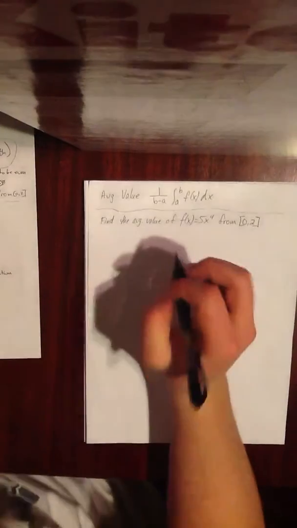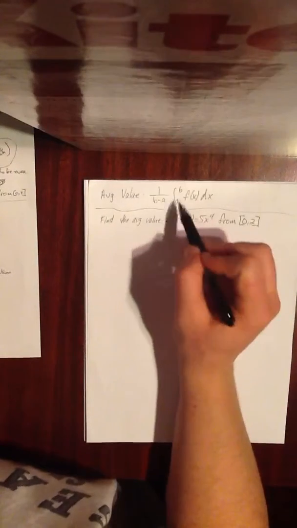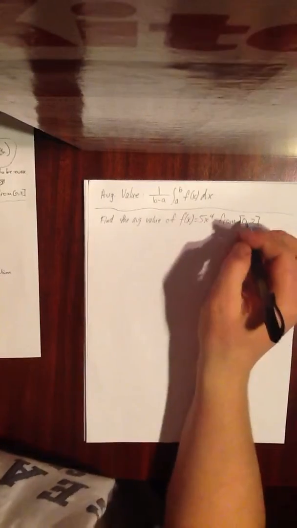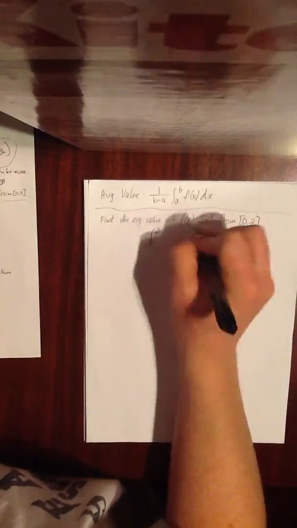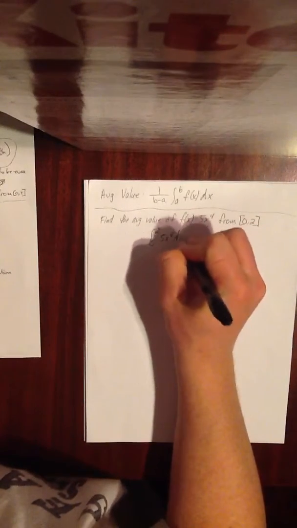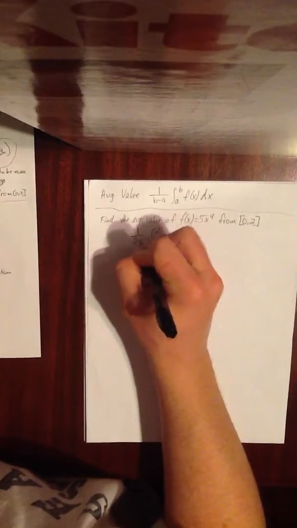Well, to do that, just use this integral. It's the only part you really have to remember is just remember to do the integral and then the 1 over b minus a. So if I set up the integral first, it's going to be from 0 to 2 of 5x to the 4th dx. Then out front I need 1 over 2 minus 0.